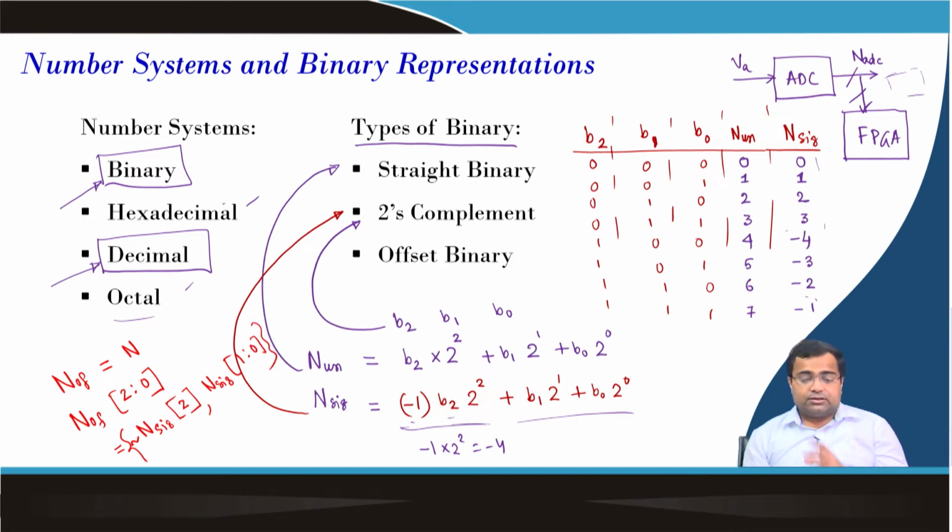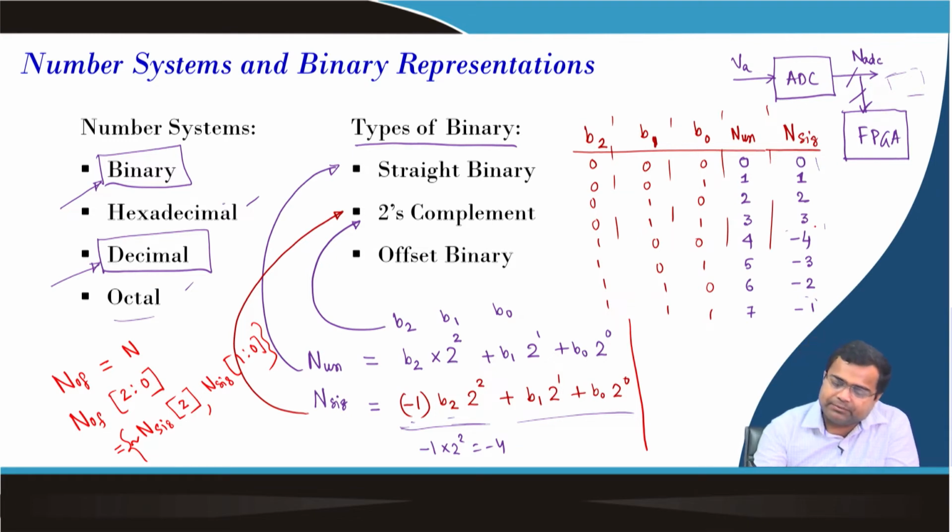That means, if we take the 2s complement signed number, it starts from 1 all 0 up to 0 all 1. In case of offset binary, what will happen?